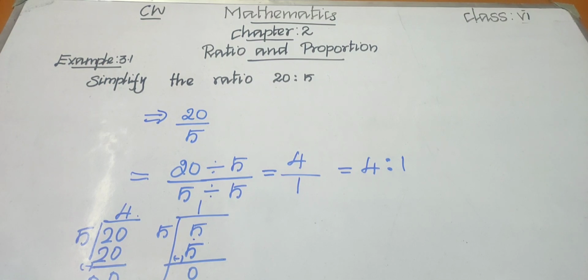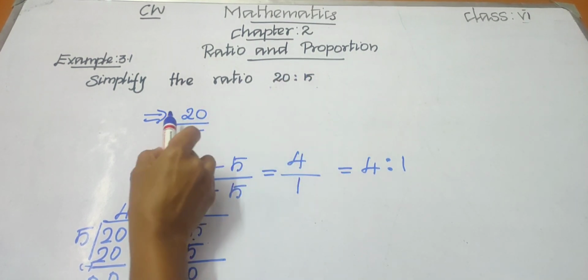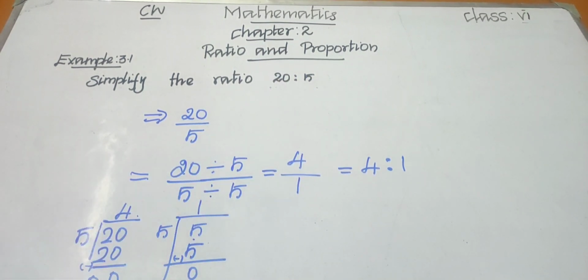Copy this in your classwork notebook. What is the first step we did? We wrote the ratio in the form of a fraction. So 20 is to 5, we wrote as 20 by 5. What is the second step? We need to divide by the same number in the numerator as well as in the denominator.